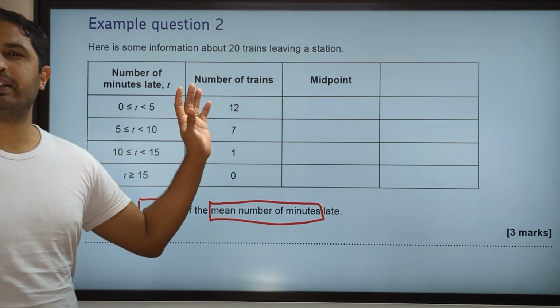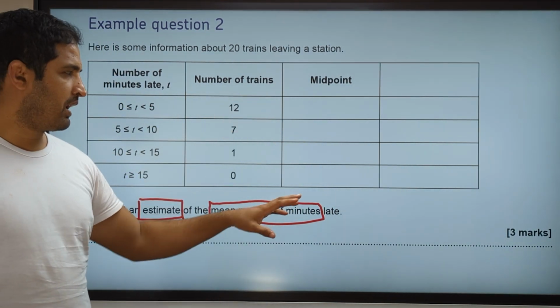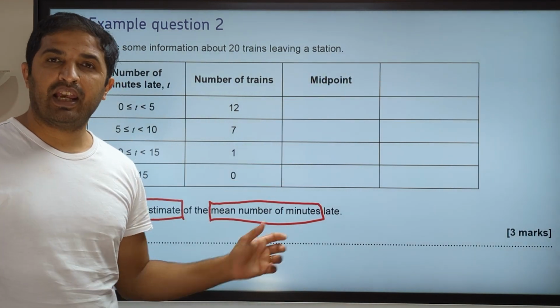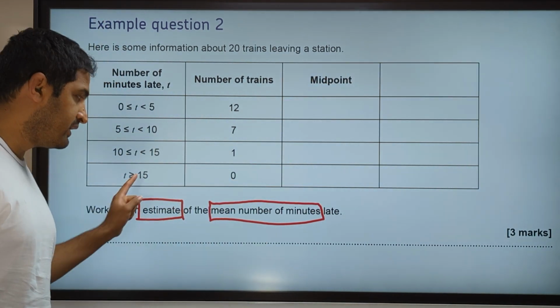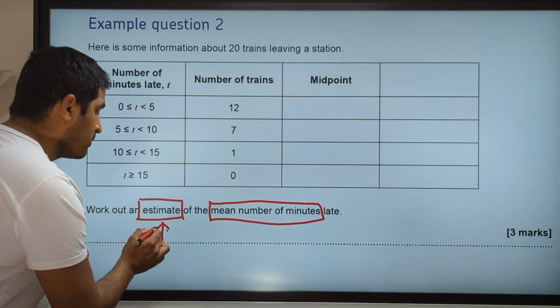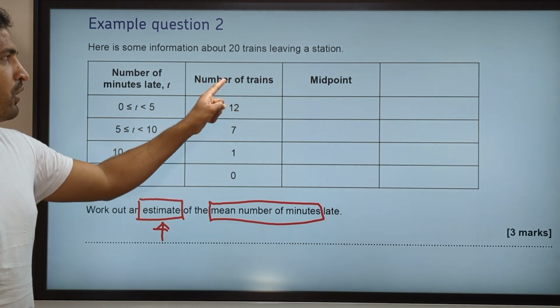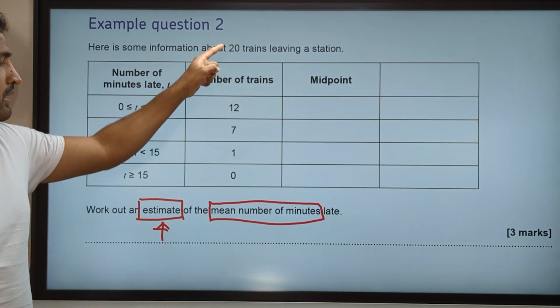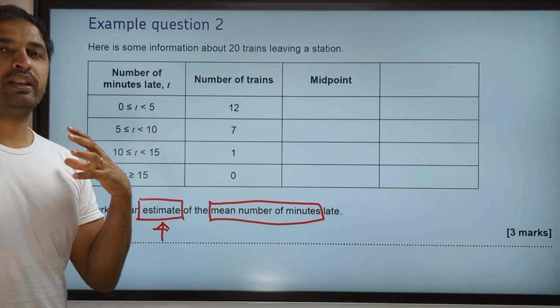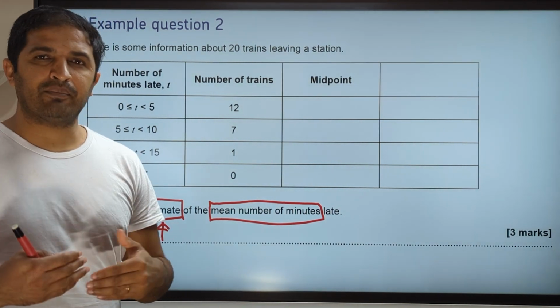They can work it out absolutely correctly and then do that, or they can work out these numbers here and estimate them beforehand. But the reason we use the word estimate is completely different to what we had to do for the previous question. Here, we've got these 12 trains, okay? We're trying to work out the mean value, and the mean value comes from adding all the numbers up and dividing by how many there are.